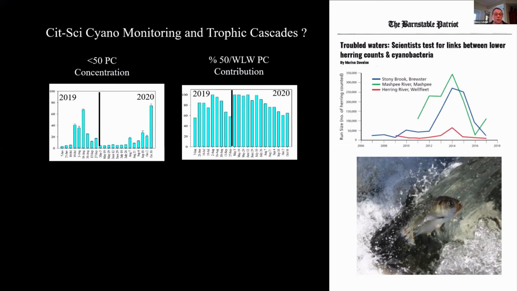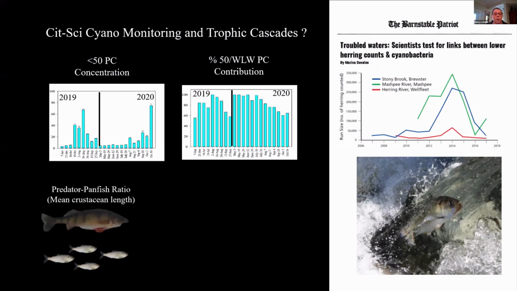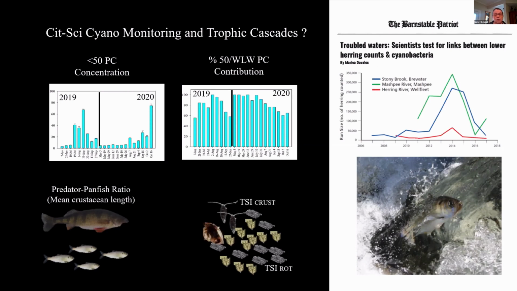We also want to use some of our zooplankton data this coming year, and we're going to be calculating what's called the predator to panfish ratio using mean crustacean length. And then we also want to use these metrics that calculate a trophic status index based upon the zooplankton populations.